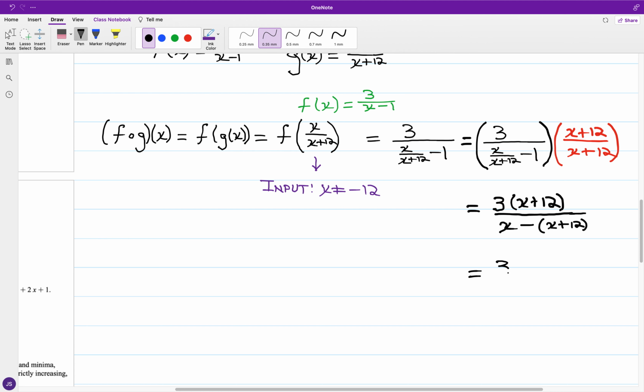Now we have 3 times x plus 12 all over x minus x minus 12, and here the x's cancel out.